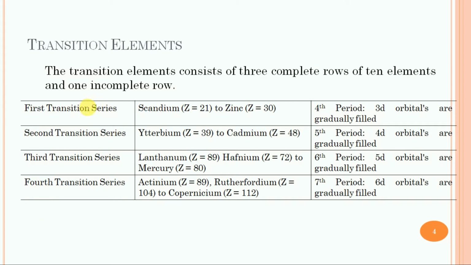The transition elements consist of 3 complete rows of 10 elements each and 1 incomplete row, and these rows are called first transition series, second transition series, third transition series, and fourth transition series. The first transition series starts from scandium to zinc, and it involves the filling of 3d orbitals.